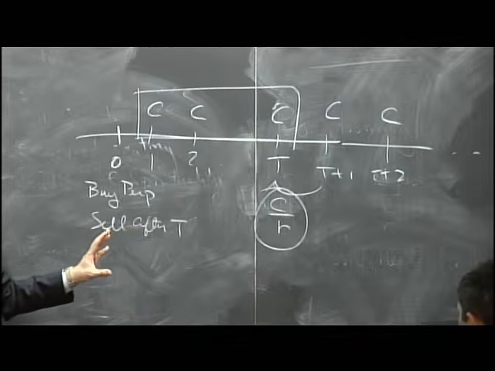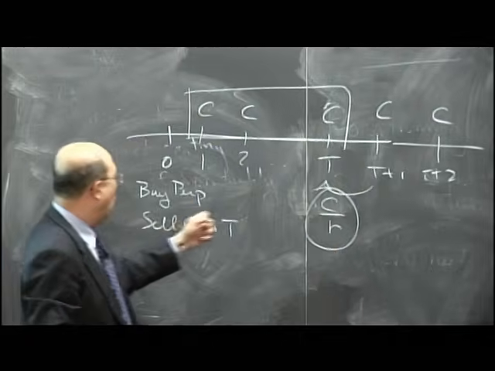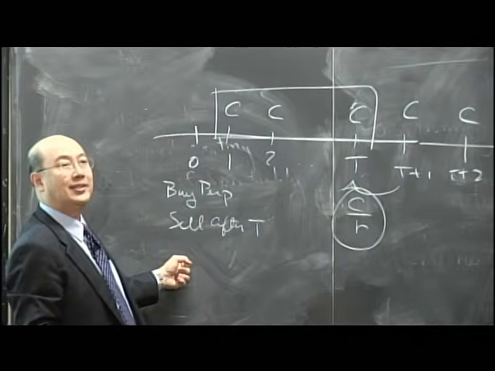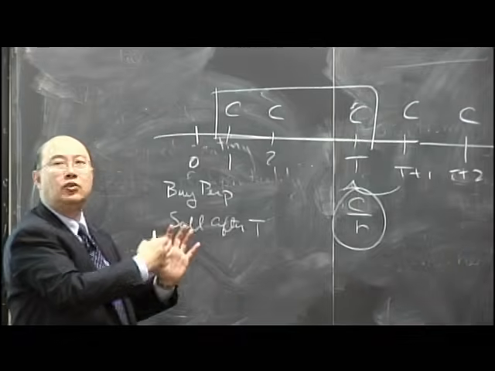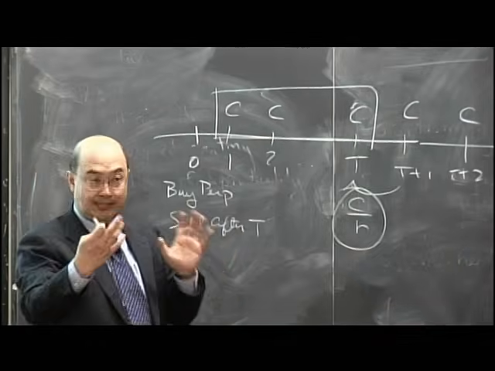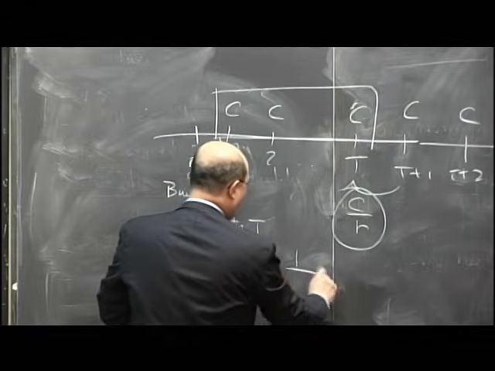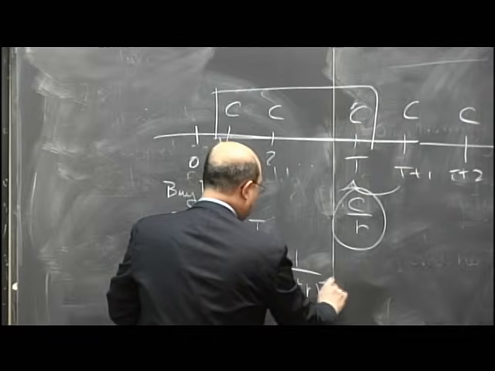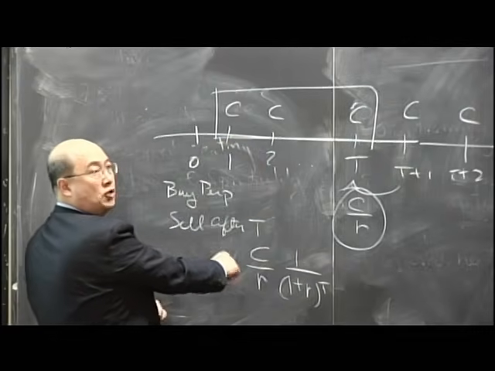right? And therefore, if the value at date T is C over R, what is the value at date 0? You have to bring it back to date 0. You're discounting it by T periods. So it's C over R times 1 over 1 plus R to the T. That's what you get when you sell this perpetuity.